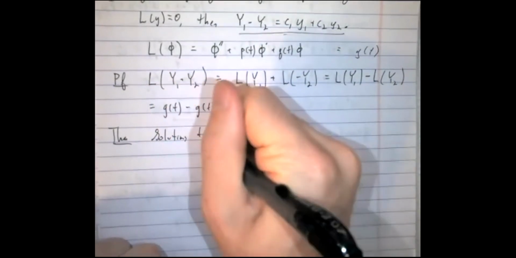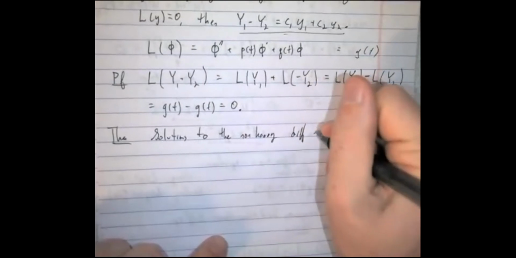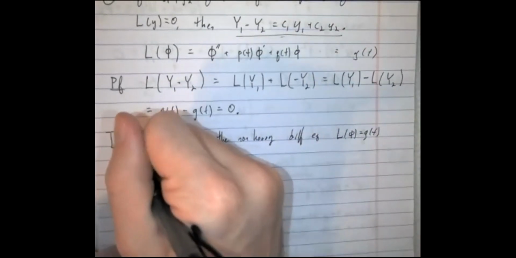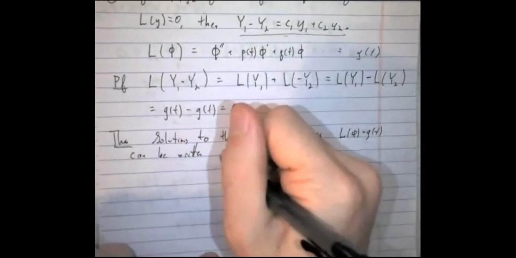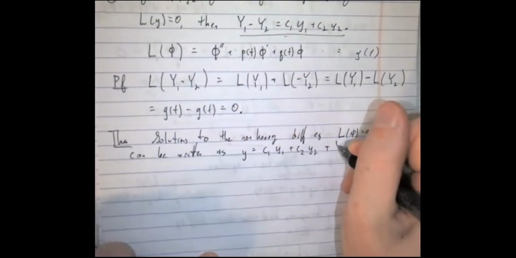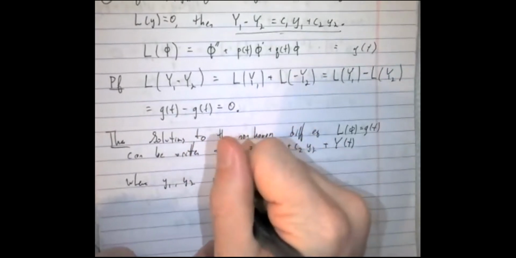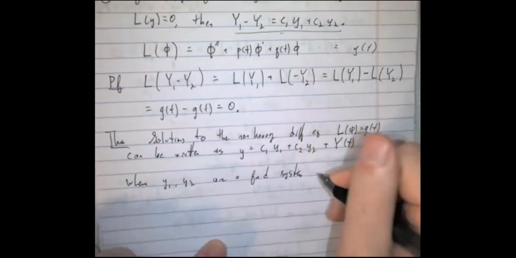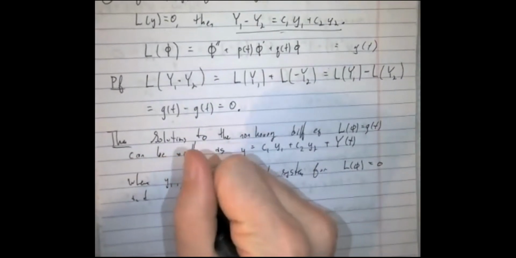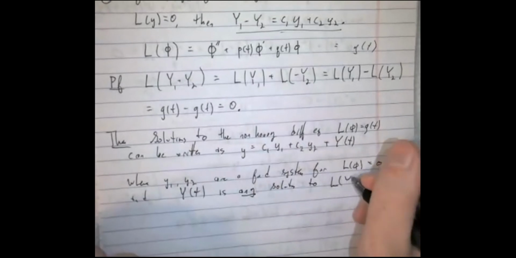Solutions to the non-homogeneous differential equation L of phi is equal to g of t can be written as y is equal to c1 y1 plus c2 y2 plus big Y of t, where y1 and y2 are a fundamental system for L of phi is equal to 0, and Y of t is any solution to L of y is equal to g of t.